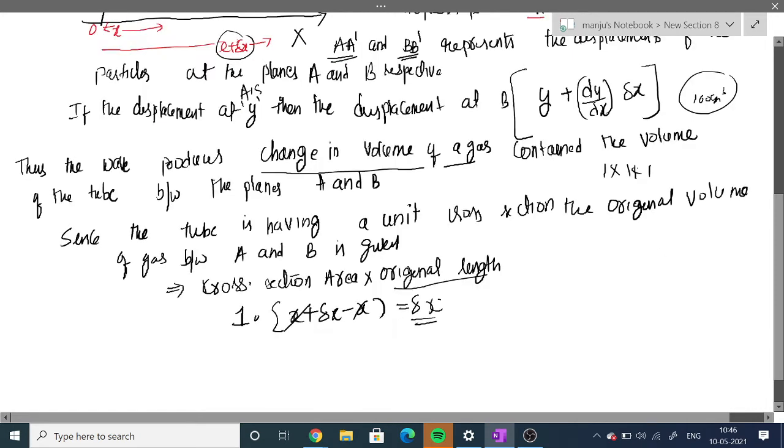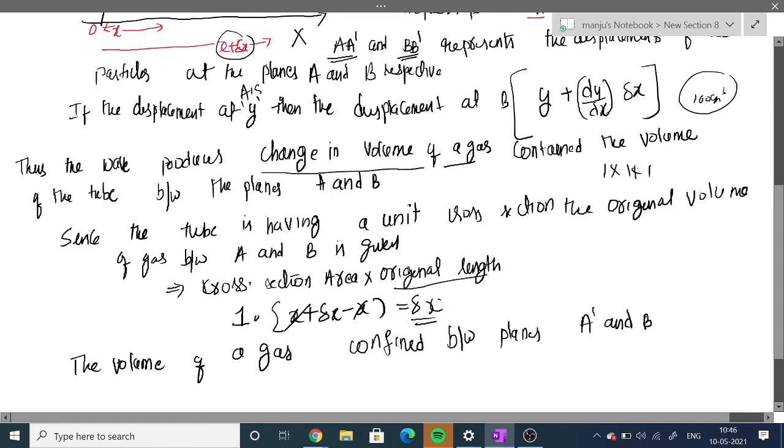Now the volume of the gas confined between the planes A dash and B dash is the new volume.